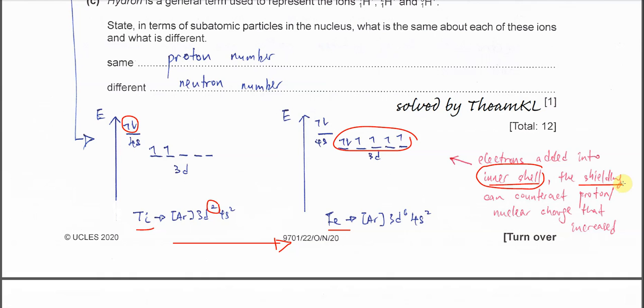So we know that shielding is what offsets the nuclear charge or nuclear attraction. The higher the shielding, the weaker the attraction of the nucleus.